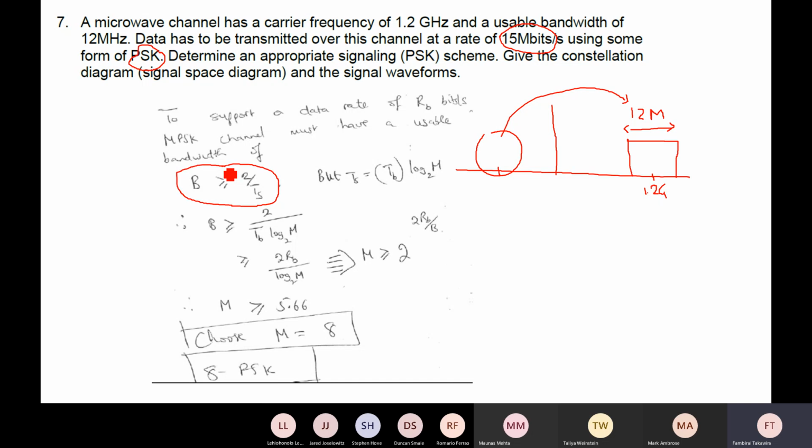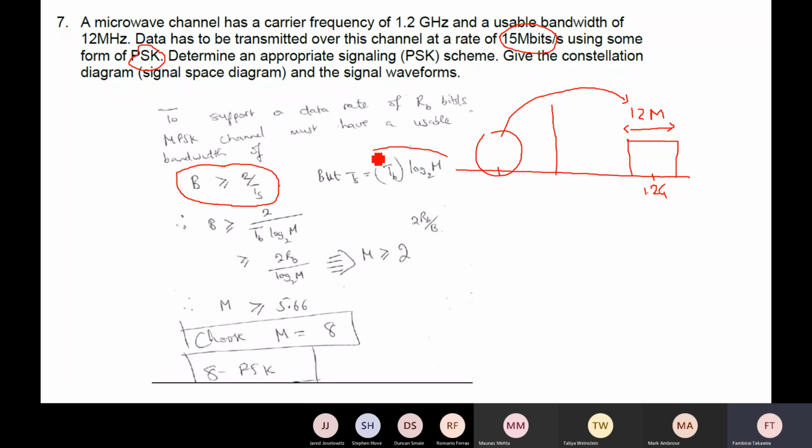It just so happens in the binary case that Ts is equal to Tb, hence in that case the bandwidth would be 2 times Rb, where Rb is the data rate. But strictly speaking, for a general Ts, we can say that the bandwidth is 2 upon Ts.